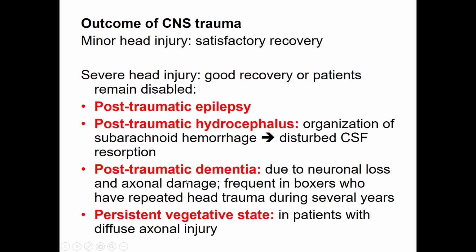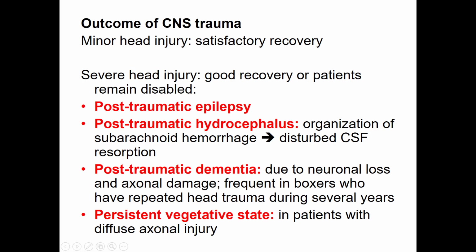And the so-called CTE, chronic traumatic encephalopathy, is an entity which is heavily investigated these days, and this is usually quite frequent in boxers, for example, or American football players, or even the usual British English football players as well, when repeated head trauma during several years are initiating a sequence of events which lead to dementia or also movement disorders like Parkinsonian symptoms.